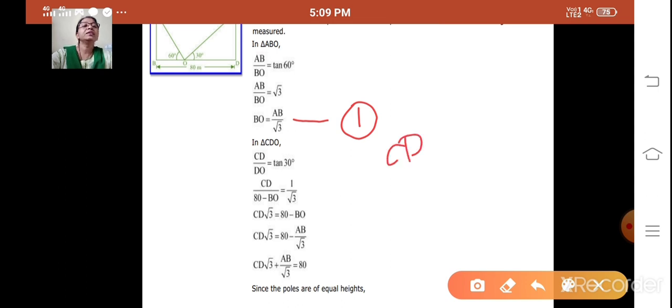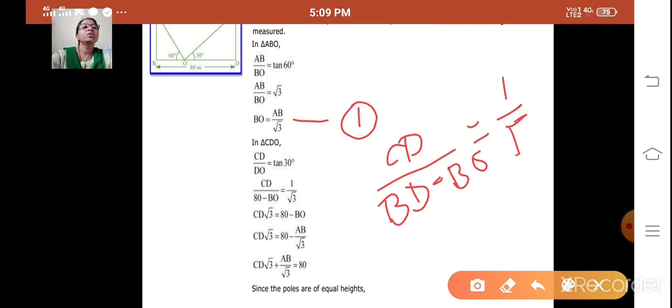So CD upon BD minus BO is equal to 1 upon root 3, right? But children, BD length is given to you, that is 80. So in this step you see, CD upon 80 minus BO is equal to 1 upon root 3. Now you cross multiply.